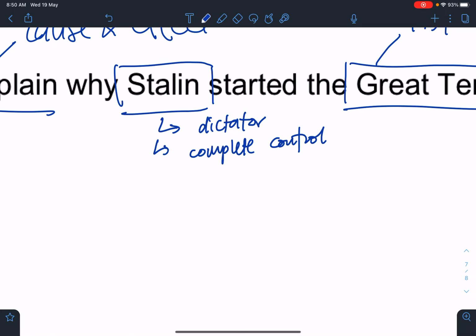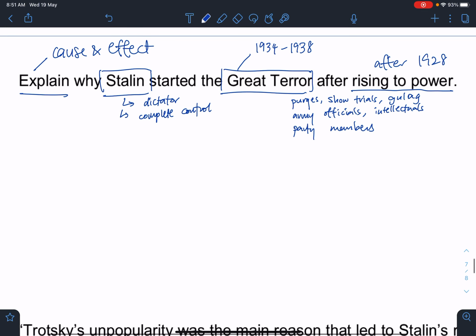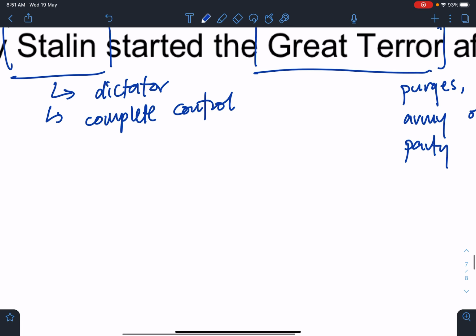So what I am doing here when I look at the questions, I'm consolidating what I know. Now I know what kind of information I need in order to put my essay together. So I need to have one point and my second point. So how do I figure out what my first point and my second point are? I know Stalin wants complete control, but what does he want complete control of?